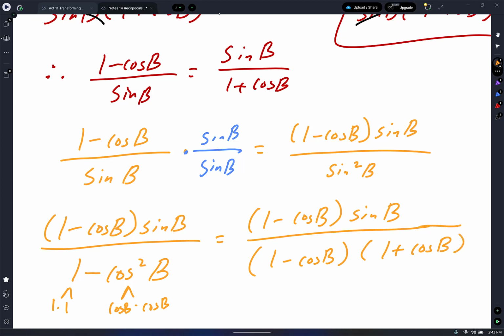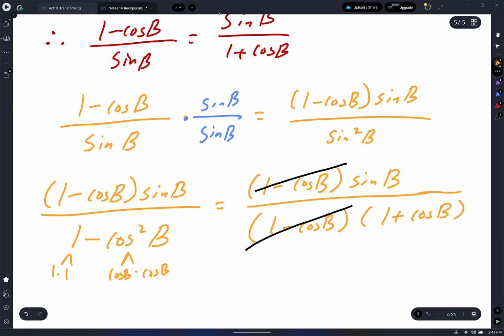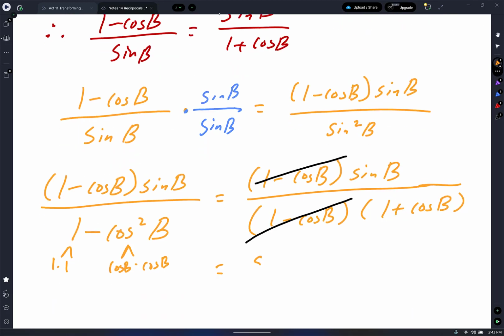Now that I have it written like this, I have a product in the top divided by another product. What can I cancel out? The 1 minus cosine b. Bam, bam. And look what you have left. Sine b over 1 plus cosine b.